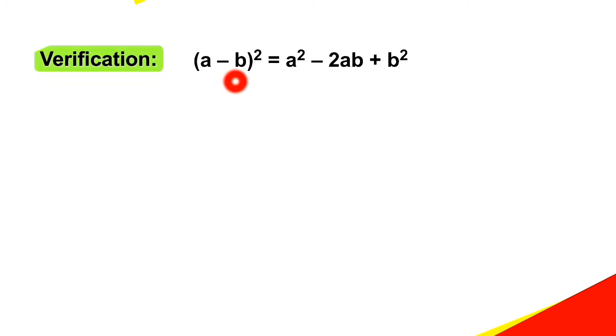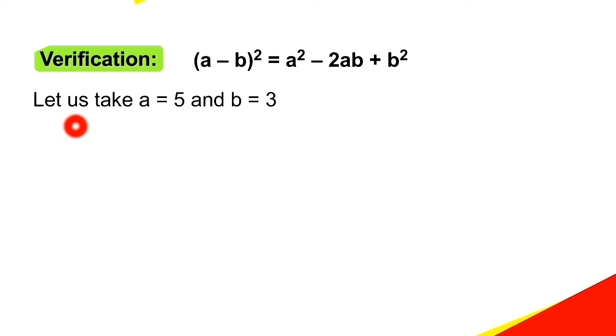Now we are going to verify the second identity. A minus B whole square is equal to A square minus 2AB plus B square. So now let us take A equal to 5 and B equal to 3.